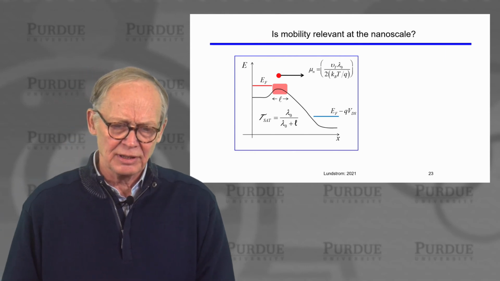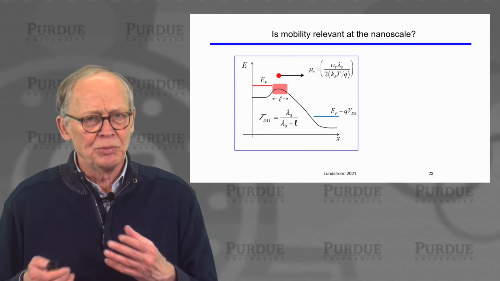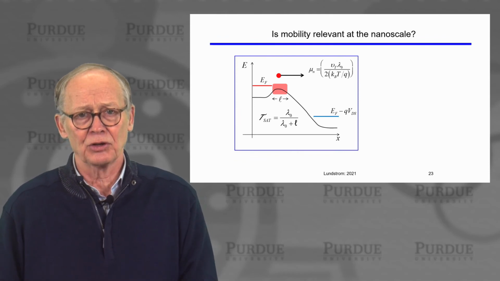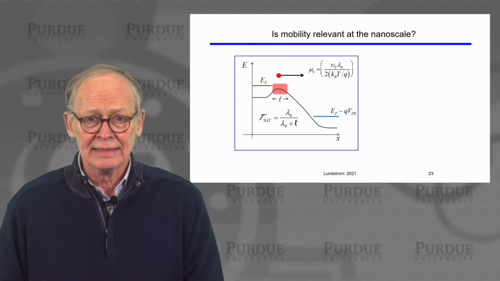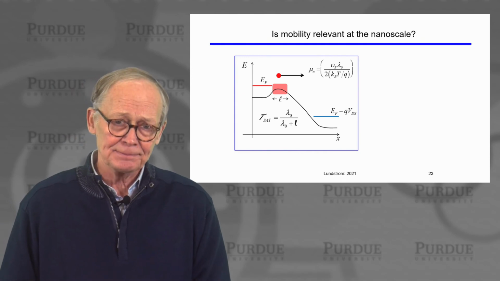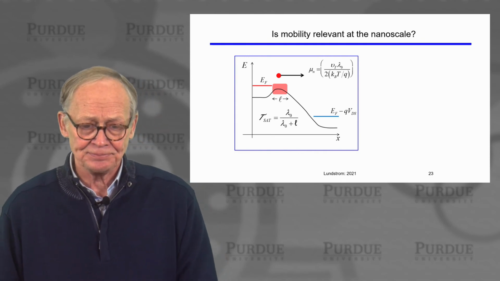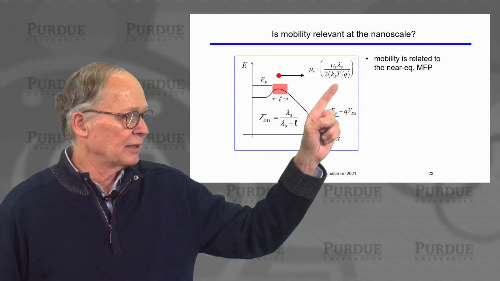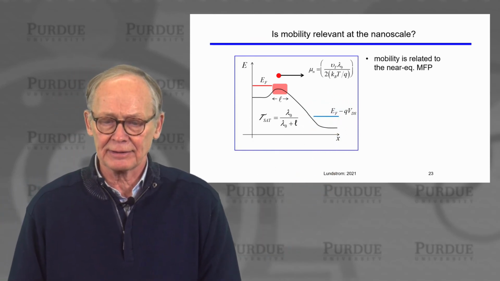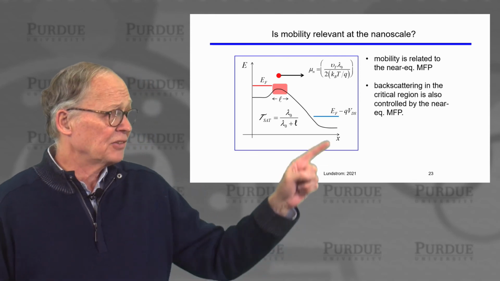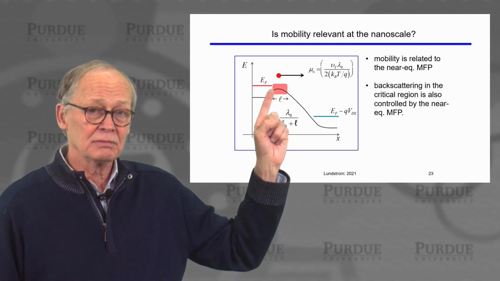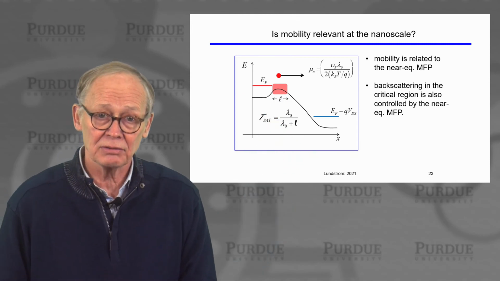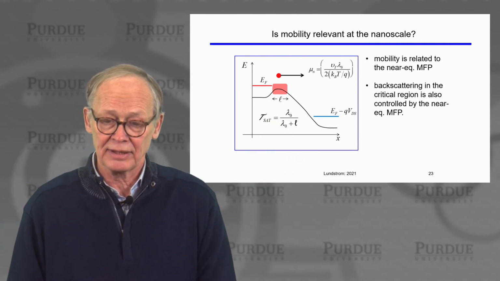Now, another question that people sometimes ask is, mobility is a parameter that we measure on long channel MOSFETs or in bulk silicon. Does mobility have any meaning in a nanoscale MOSFET? Well, the way to think about this is that mobility is related to the mean free path for backscattering. Backscattering in this critical bottleneck region, this very short region near the virtual source, is determined by the mean free path.